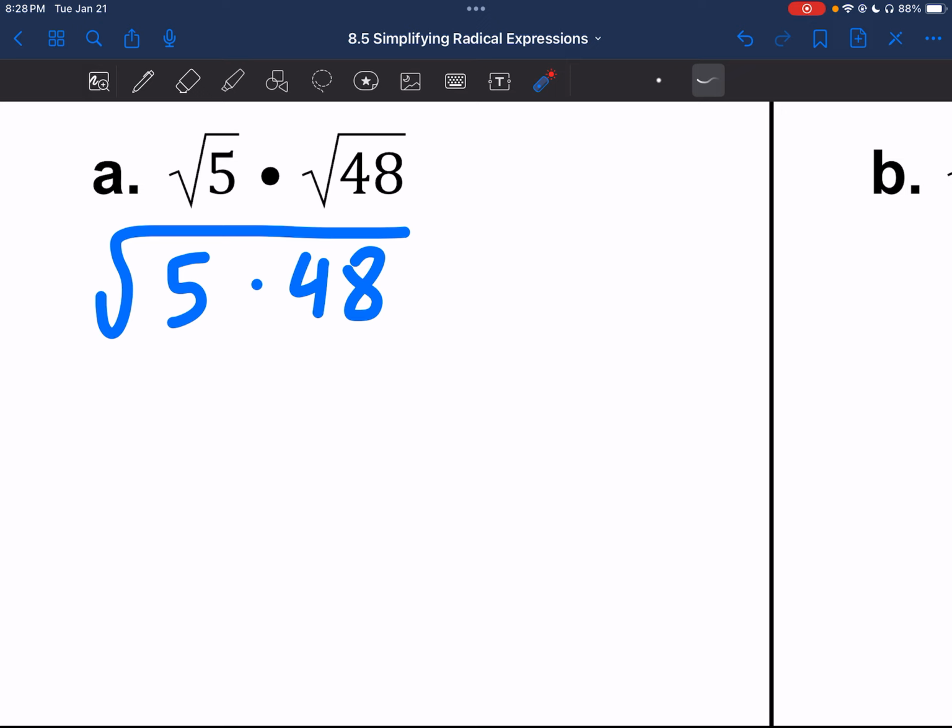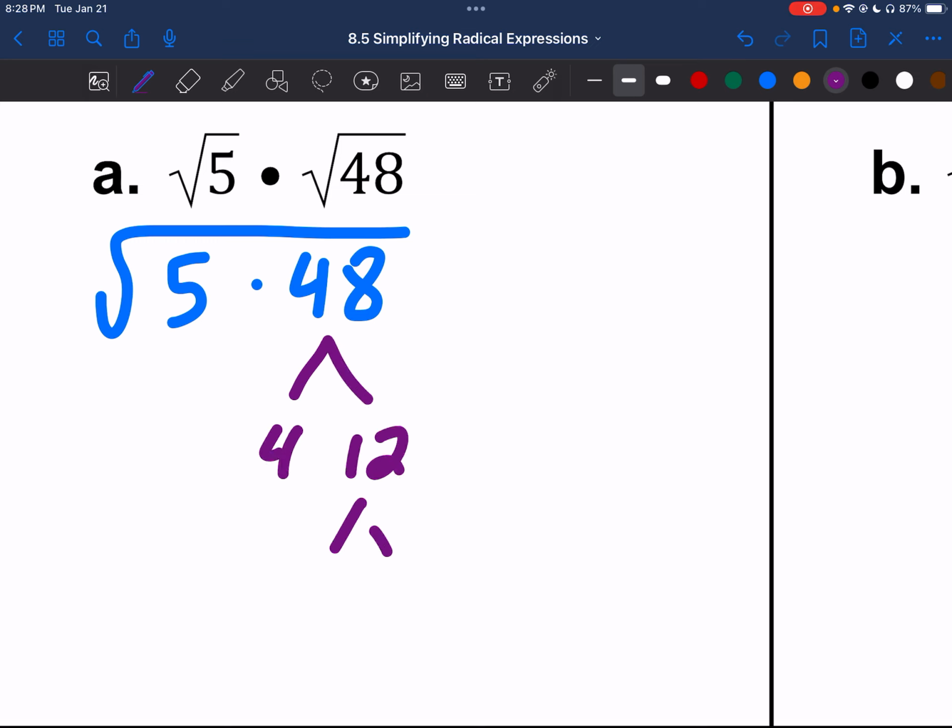So now I'm going to break it apart. So 48 is going to break into, we just did this, 4 and 12, and 12 breaks into 4 and 3. So what are my pairs that I have? I have a pair of 4s that I can bring outside the radical. I don't have any other pairs, but what is still left?